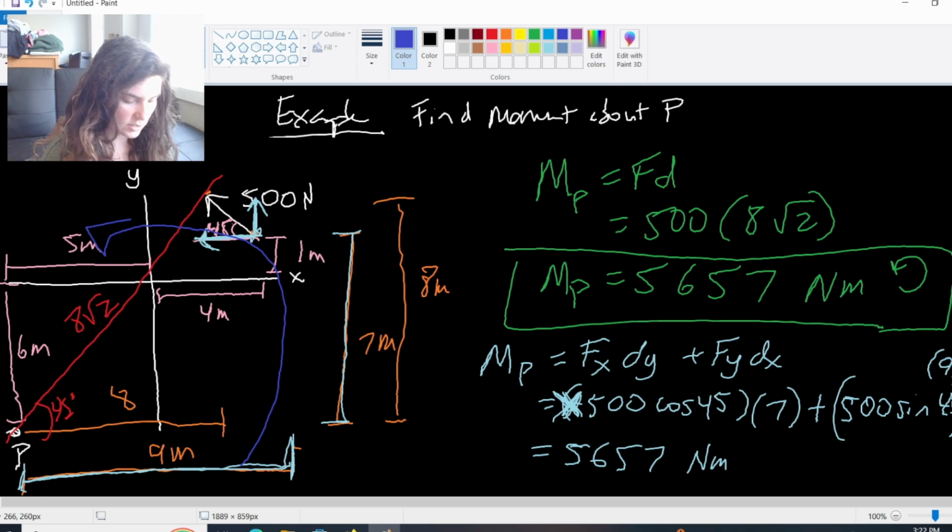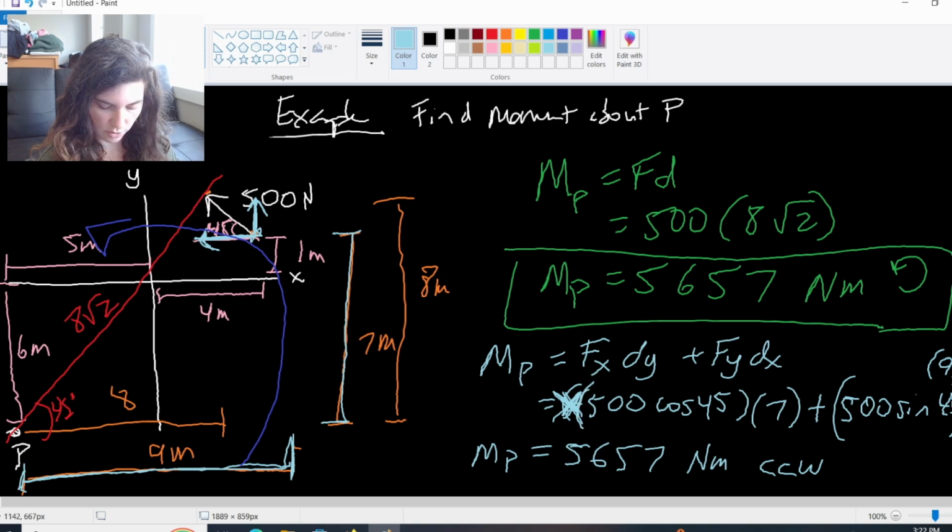The y component is also causing a counterclockwise movement. So since they're both counterclockwise, our answer should be two positive terms added together, 500 cosine 45 and 500 sine 45.